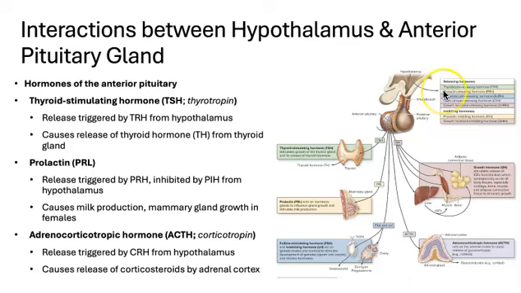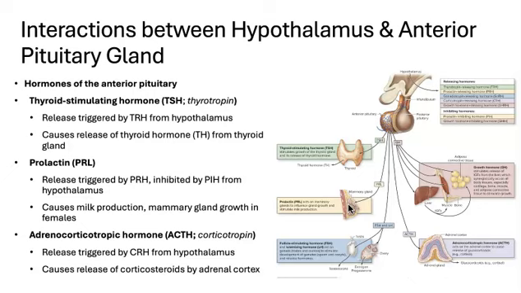It's stimulated by our prolactin releasing hormone, and we have our prolactin inhibiting hormone. So if the stimulating hormone is released from the hypothalamus, then we produce prolactin and it travels to the mammary glands so that we can cause milk production and mammary gland growth in females.